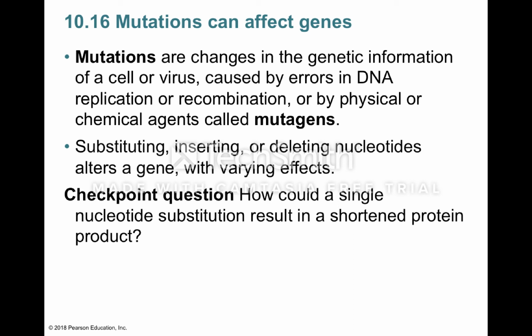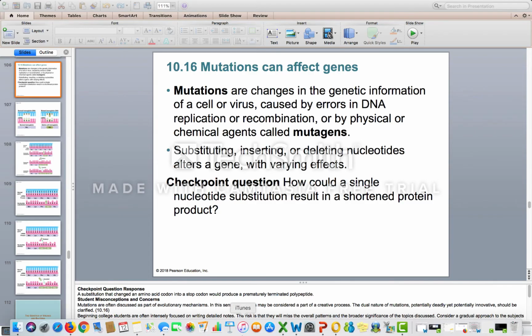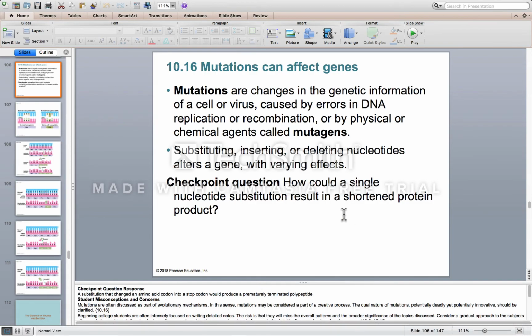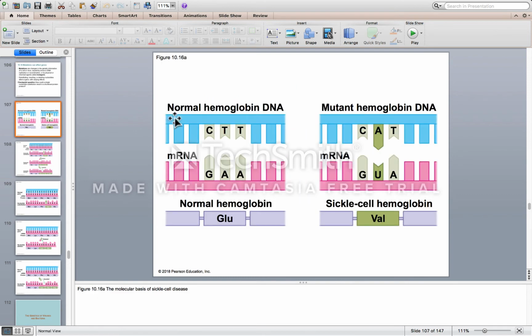So if these mutagens happen, sometimes what happens is you can substitute a nucleotide like an adenine or thymine, guanine, or uracil, or you could insert it or delete it altogether. If it deletes, inserts, or substitutes, that nucleotide substitution can result in a shortened product. And what happens is it would prematurely terminate the polypeptide, and then you're in trouble, right?